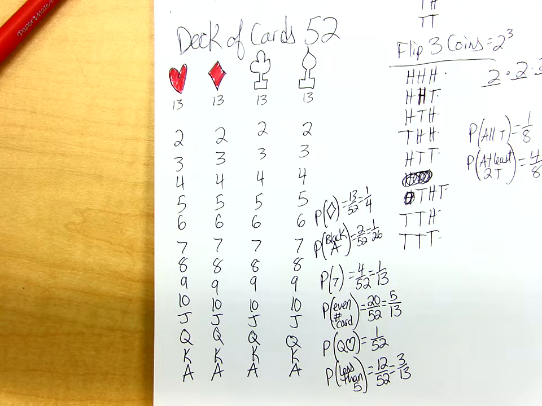Okay. Ready to talk about odds? Odds are very similar to probability. It's just that we change the bottom number. It's not out of the total possible. Does anybody know what it's out of instead?